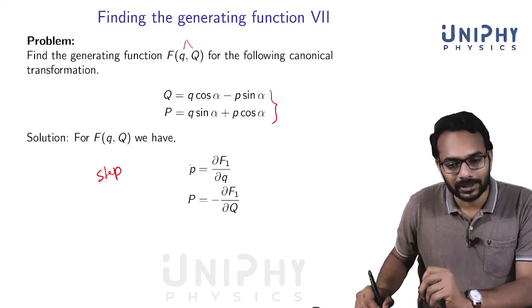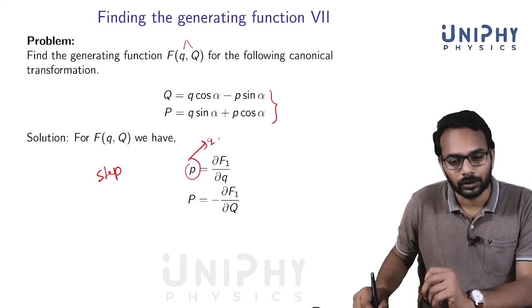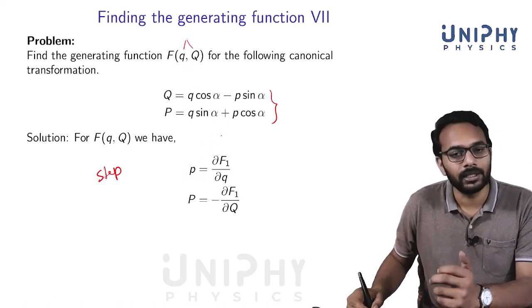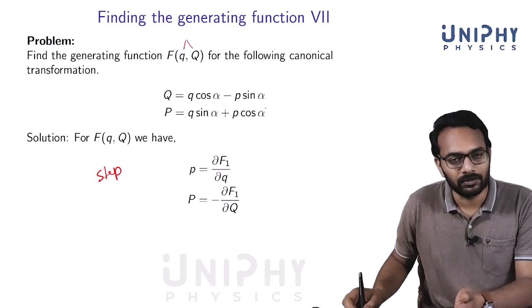What's the next step? Step 2 is to write small p in terms of small q and capital Q, because that's the functional dependence that we need here. For this you will have to make use of the transformation equations given here.